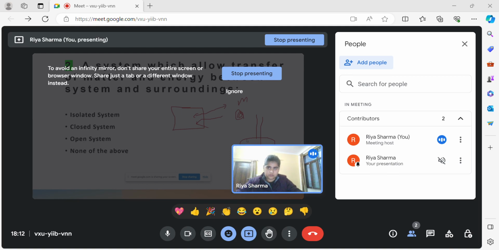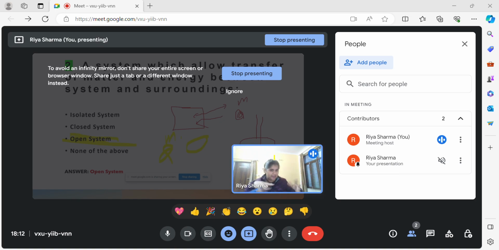Yeah, so we were at the system. The answer to this is an open system. I'll use the highlighter because it's a bit easy. It's an open system. So what does open system mean? An open system is a system where both mass and heat can be exchanged.